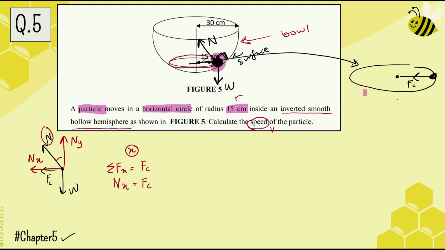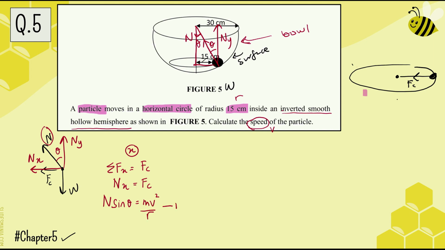Let's say the angle is here. If you refer to this diagram, this is your N, this is your Ny, and your angle here is equal to this angle. We'll find out the value of the angle later. Now we have Nx is equal to N sine theta, and Fc is equal to mv squared over r. So this is our first equation.